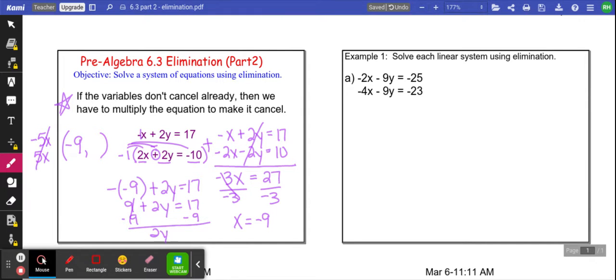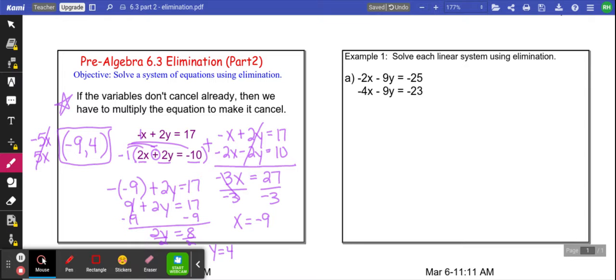So I have 2y equals 8. When I divide by 2, my y equals 4. So negative 9, 4 would be our answer. Okay, again, that is just making them the same point as if you graphed them, and that's where they would intersect. All right, let's go to the next one.